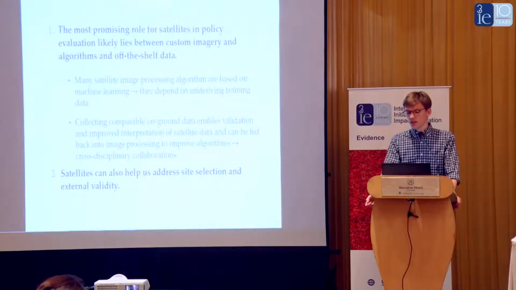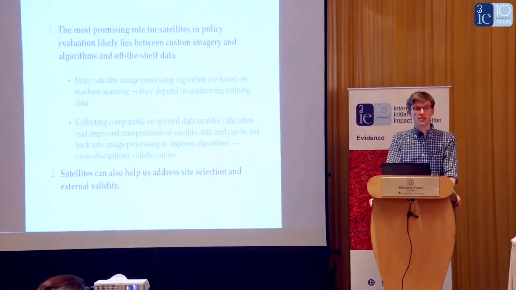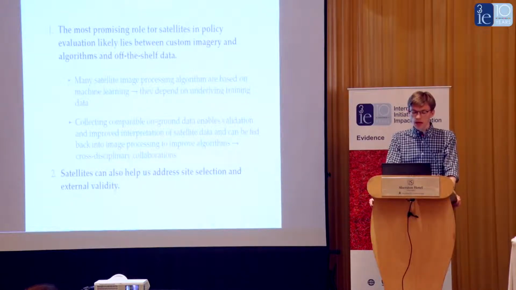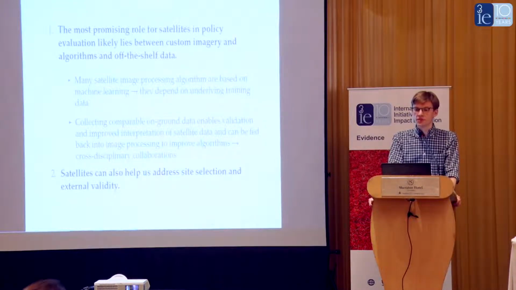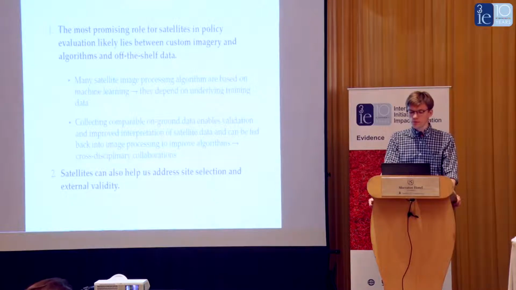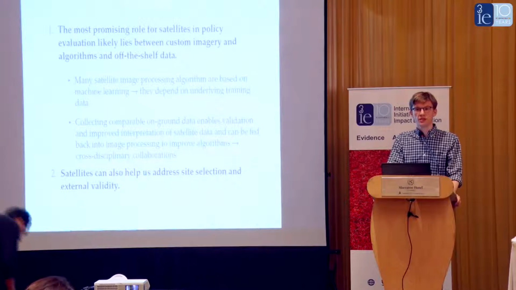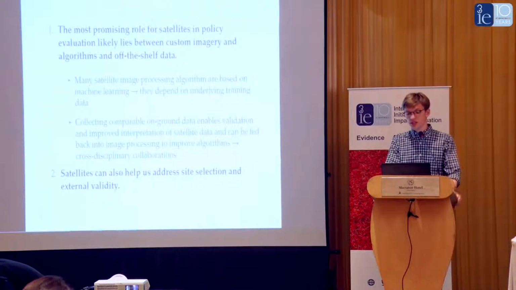And the second, and I think this is an important point, is that satellites can also help us address site selection and external validity concerns that are often critiques of randomized interventions and field evidence. And there are a number of papers that have tried to do this, and I think that we can hopefully have some more time to discuss this in the follow-up.